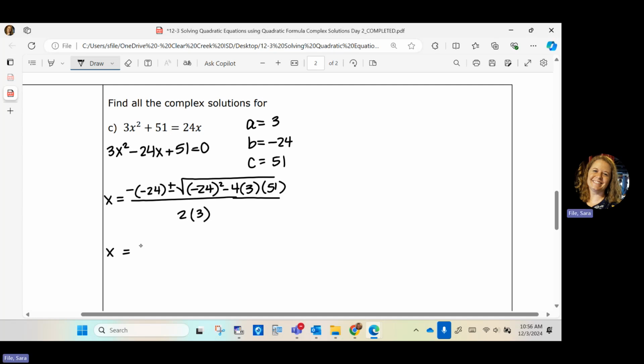Okay, that's going to become positive 24. 6 in the denominator, so I just need to figure out what's under that radical. So you can use Desmos and type that in. Just make sure you type in the parentheses. If you don't type in the parentheses, it's going to calculate that wrong. So we've got minus 4 times 3 times 51. We end up with negative 36 under here.